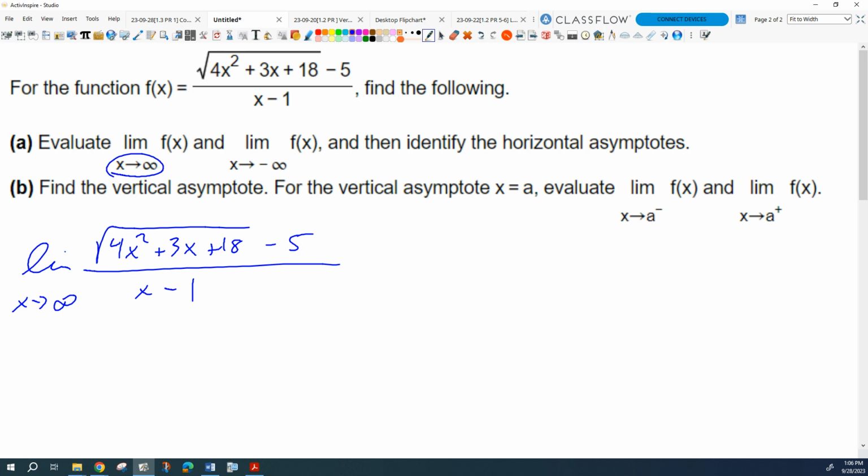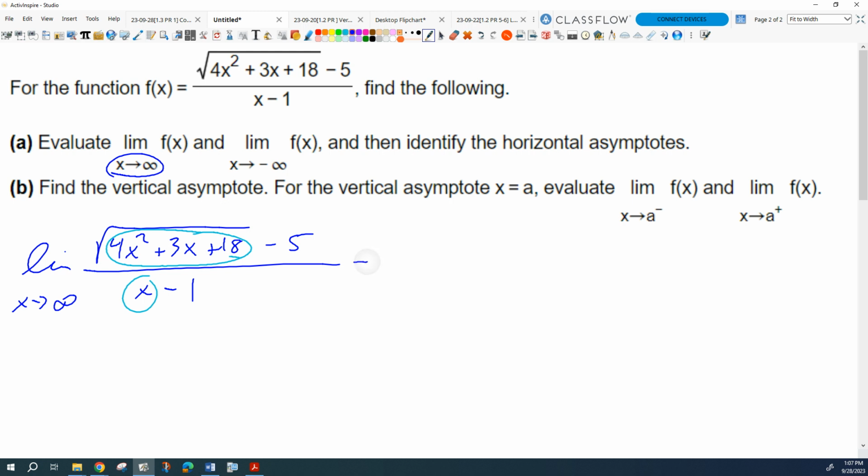There's a polynomial inside the square root, but if we focus on that polynomial, when x gets huge, the first term is going to dominate the behavior. That's the only one we need to consider, right? On the bottom, the leading term is just going to be x. That's going to be the term that dominates the behavior as x approaches infinity.